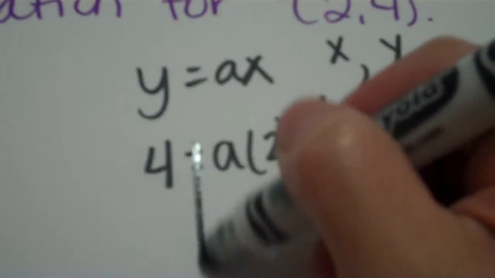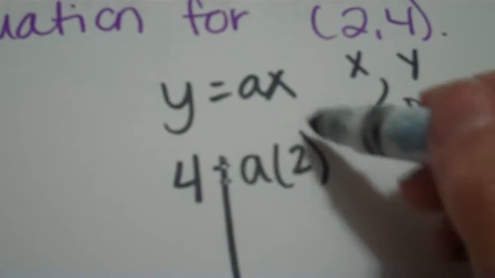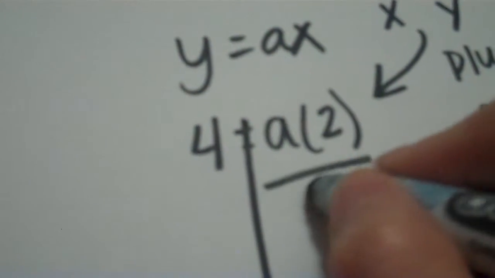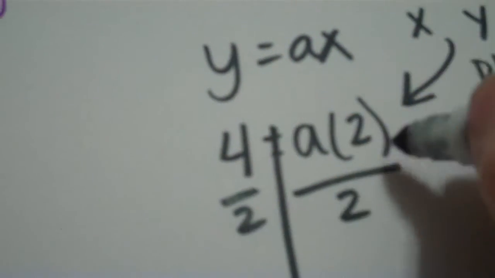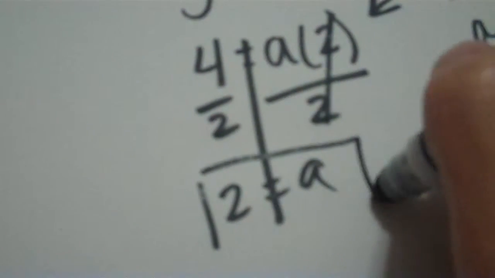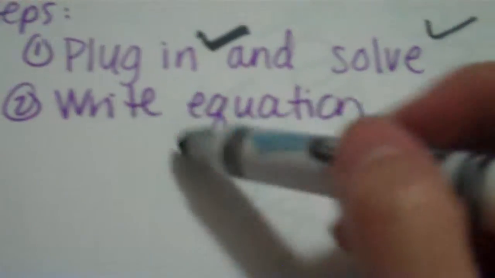So I draw my line. You're the letter, so I'm A. 2 is my best friend. I need to get him out. Side by side means multiplied, so I divide by 2. And 4 divided by 2 is just 2. So A equals 2. And a lot of you will stop here, but that's wrong. Step 2 is to actually write the equation, like an equation that you could put into the calculator.